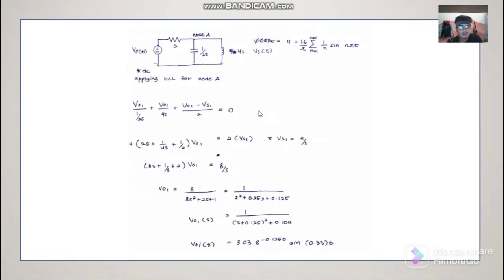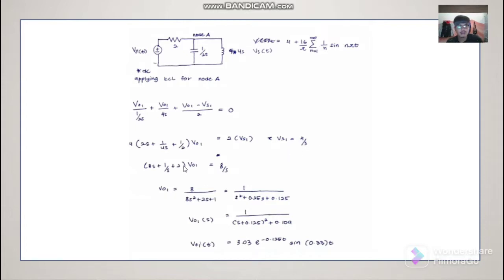And then we simplify it. 4 in bracket 2S plus 1 over 4S plus 1 over 2 close bracket VO1 equal to 2 VS1, where VS1 equal to 4 over S.